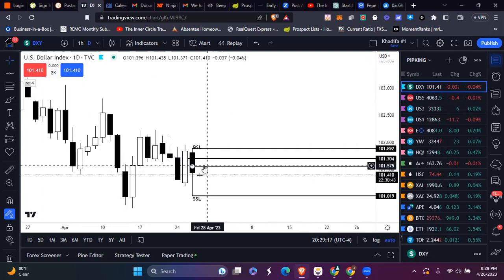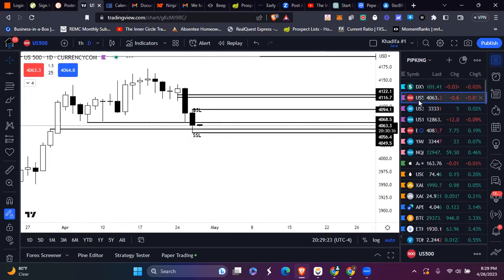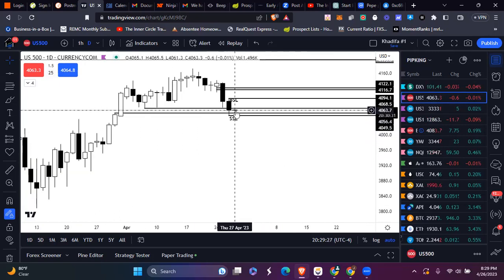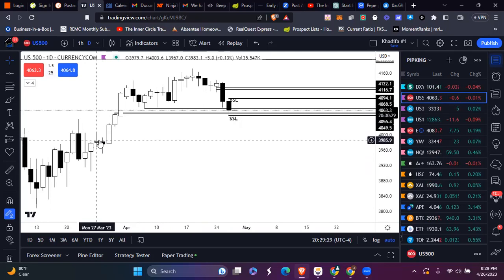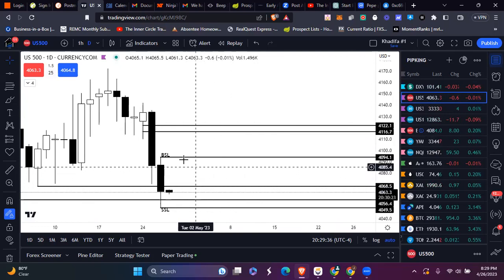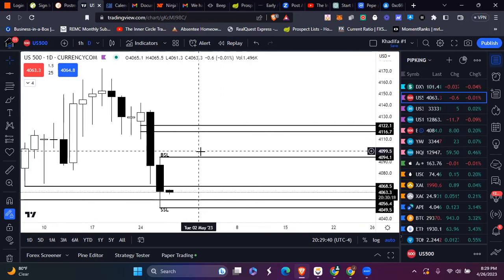So this pullback for the dollar up into this premium array might be enough to push us down to this daily fair value gap on US 500. So we'll see.